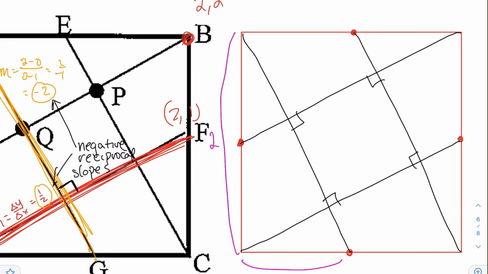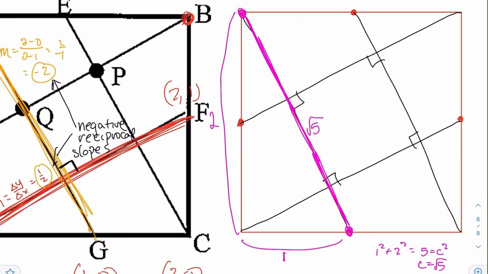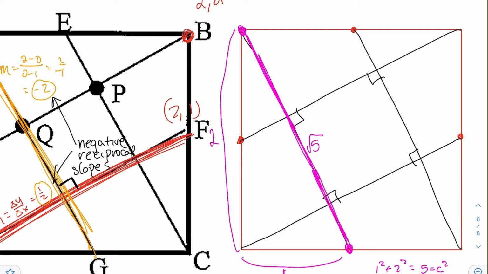The bottom, because it got cut by a midpoint, it's just 1. So this distance here would be 1 squared plus 2 squared. And the square root of 1 squared plus 2 squared is the square root of 5. You can do that on the side. And c would be the square root of 5. So once you have this piece, then all the other sides are also root 5.